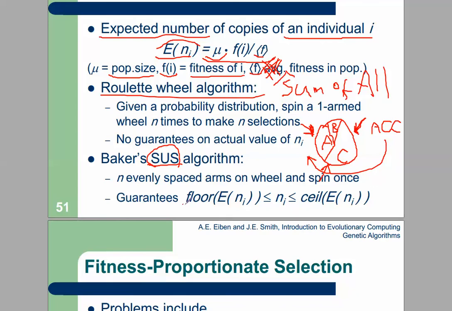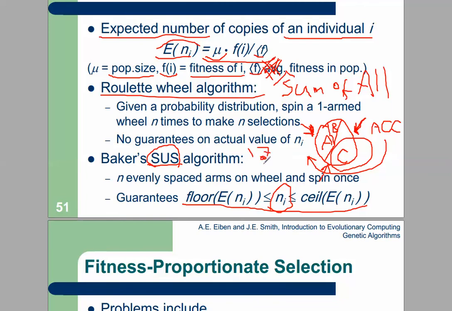This method guarantees that for the best elements such as C, the expected count is, for example, around 1.7.